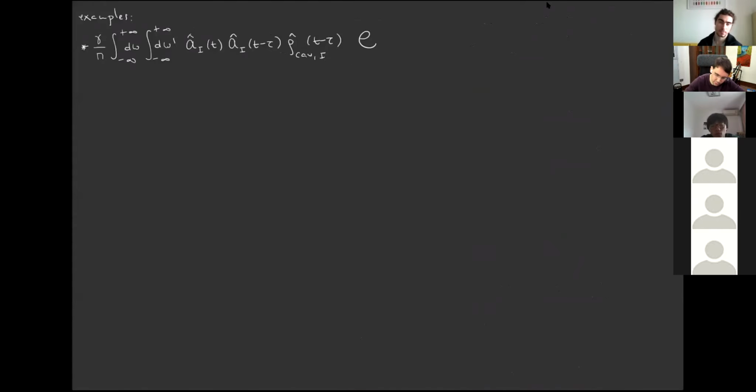So this brings me to i omega t plus i omega prime (t minus tau), because one Hamiltonian is at t, the other one is at t minus tau. And then finally, the trace over external modes of B dagger of omega with B dagger of omega prime, and then expectation value in the thermal state.